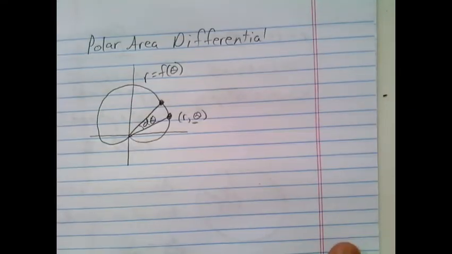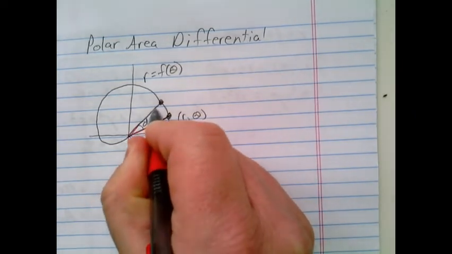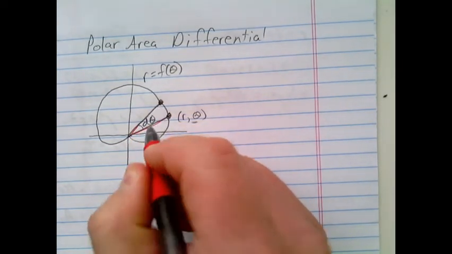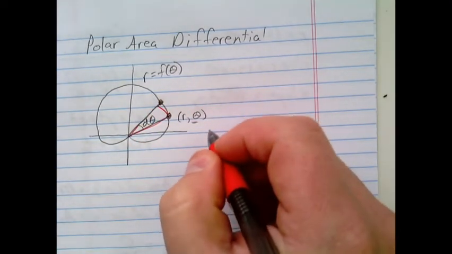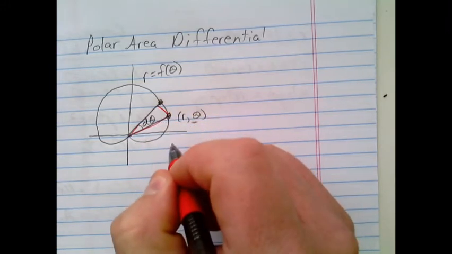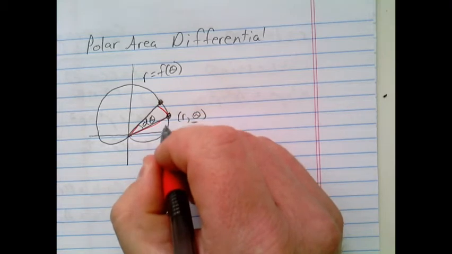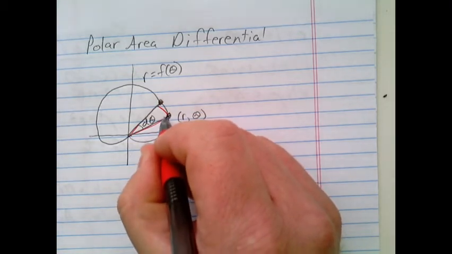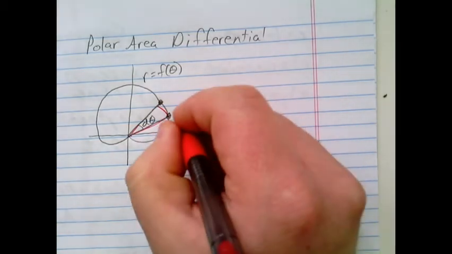Same deal here. It doesn't have to be a perfect fit, as long as it fits in a way that I believe will get better as I shrink the differential of the input variable. So I'm going to lay over a circular sector that would be a pretty good fit for the area swept out when I advance the input variable theta just a little bit.